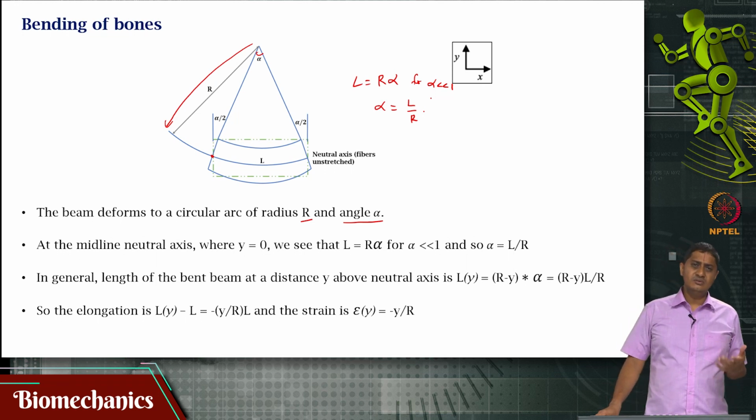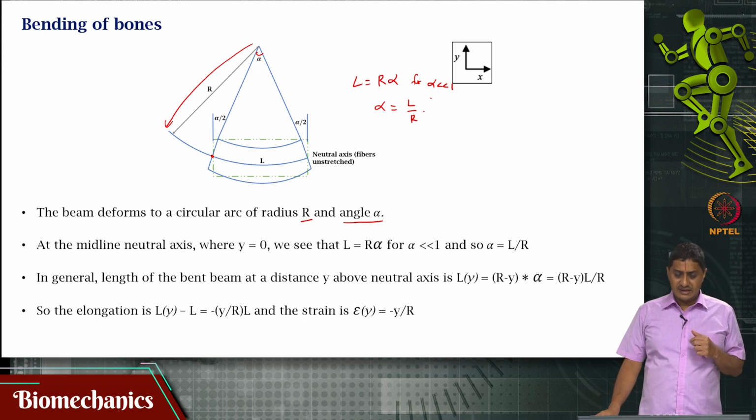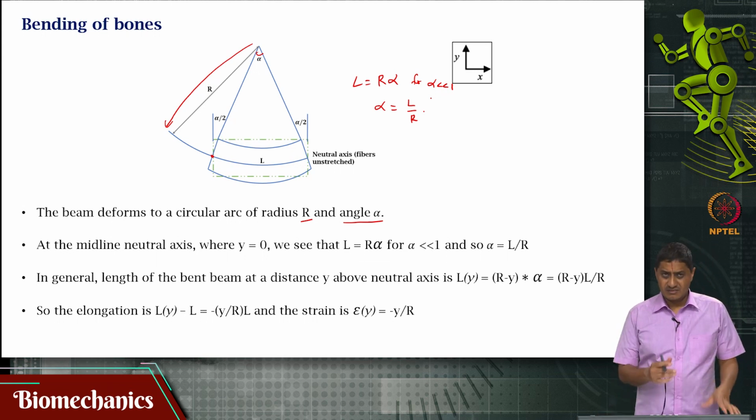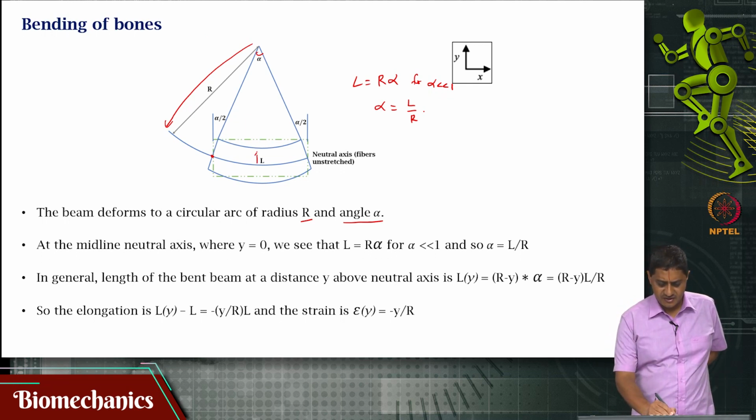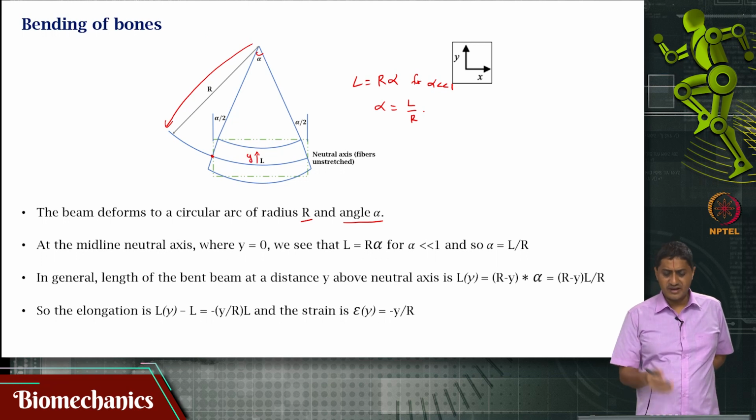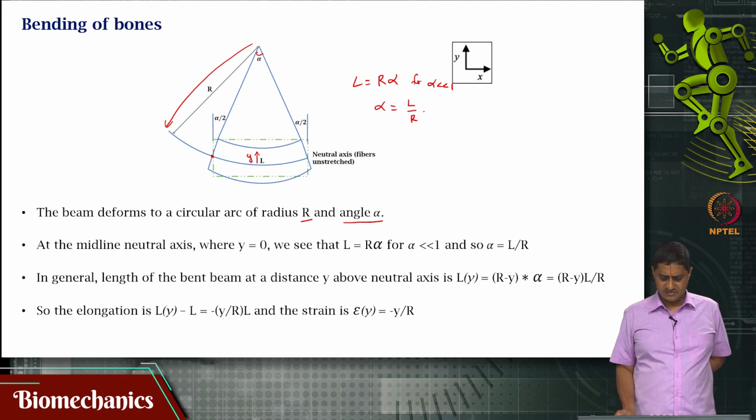Now, if I want to find out the length of the beam at a distance of some distance y from this midline, y above this midline or y below this midline as the case may be.